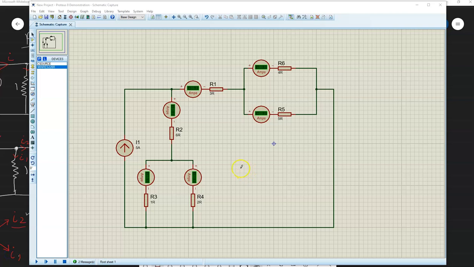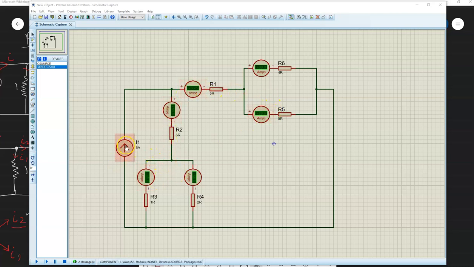I made a similar circuit using Proteus. Here I have two parallel resistors, and I got parallel resistors here. If you want to do this in Proteus, it is more work than usual because you will end up putting in a lot of ammeters to measure the current.